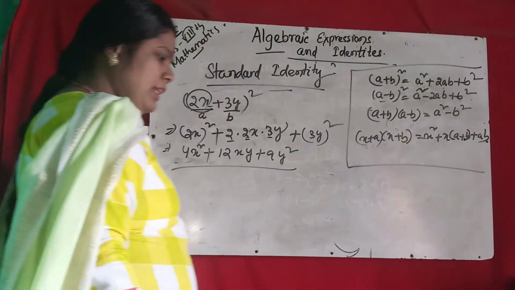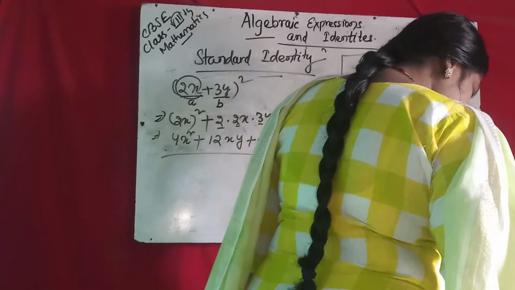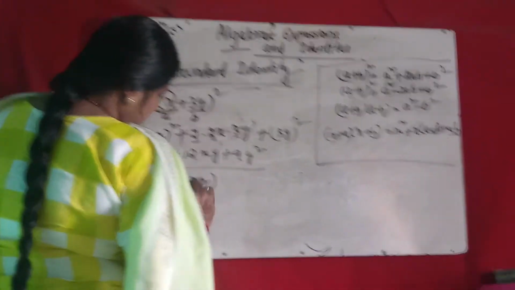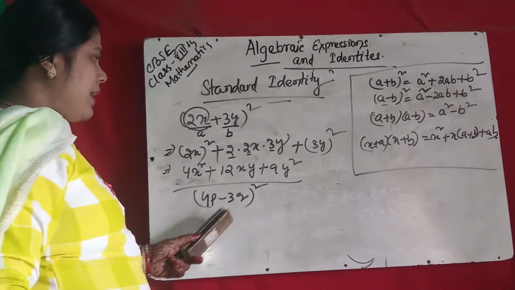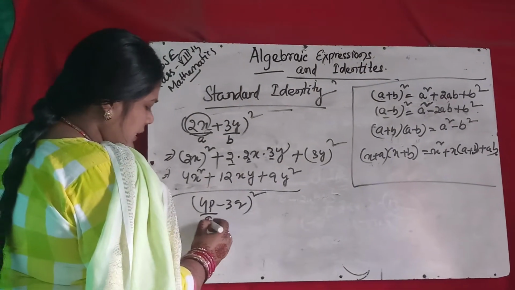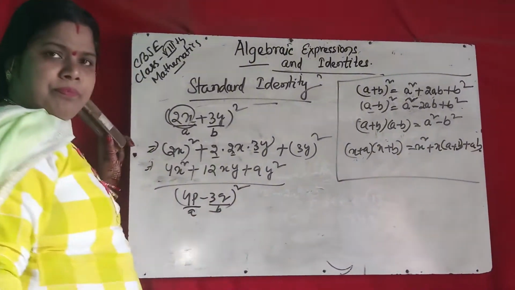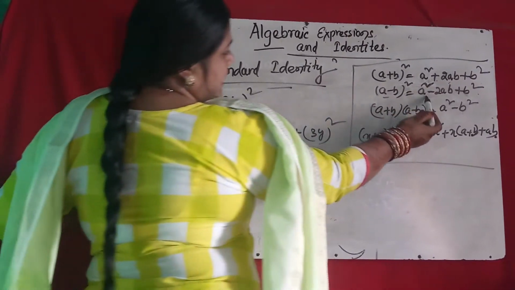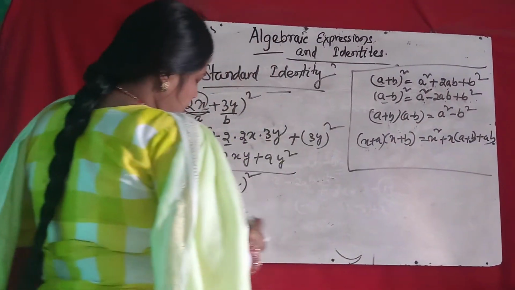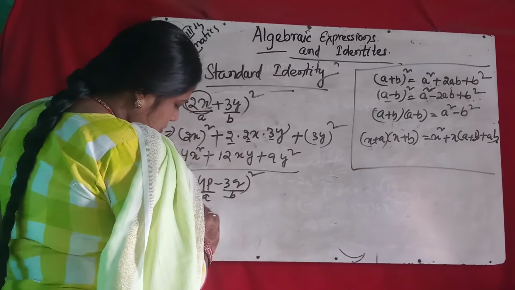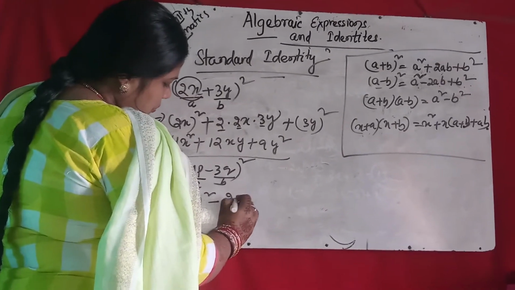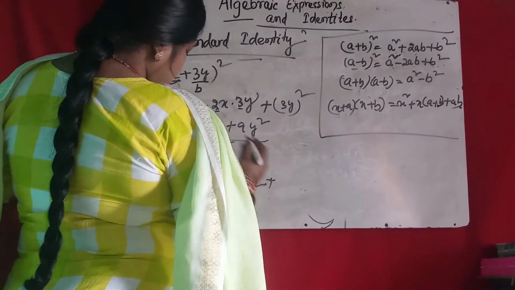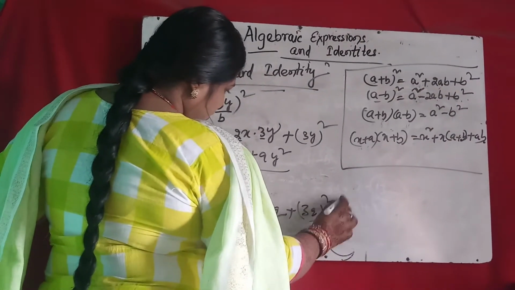Then another: suppose (4p minus 3q) whole square. So this is (a minus b) whole square, where this is a and this is b. What is your formula? a square minus 2ab plus b square. So a square is (4p) square, minus 2 into 4p into 3q, plus b square, that is (3q) square.